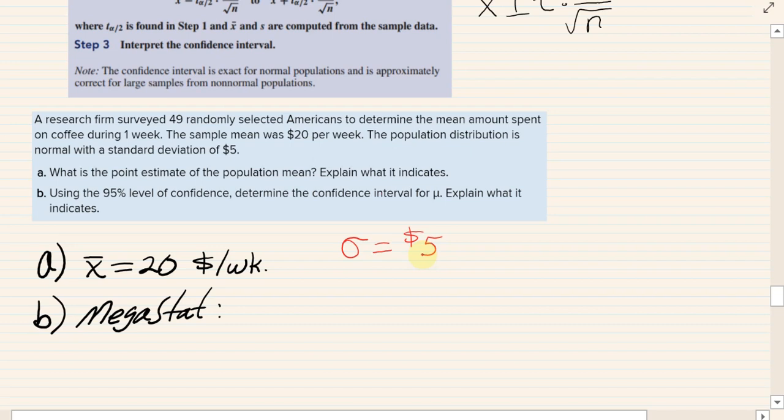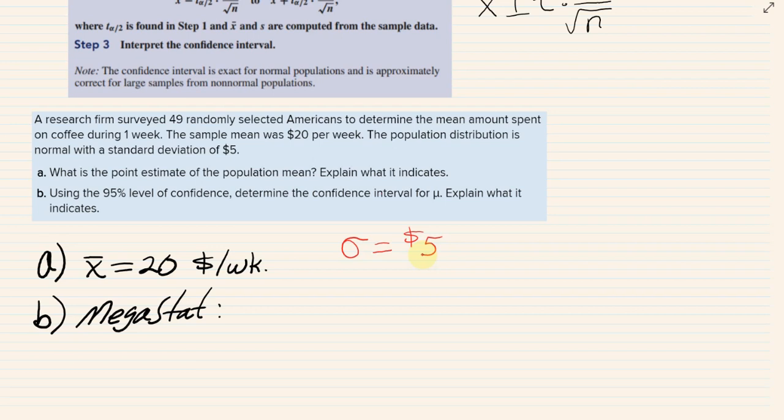In part A, what is the point estimate of the population mean? That's a pretty generic question. In general, the point estimate of the population mean is the sample mean. And it says explain what it indicates. It just indicates what a point estimate is: a single value, a guess at the value of the unknown population parameter.